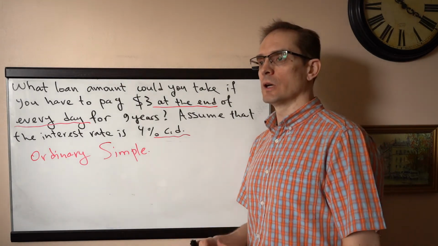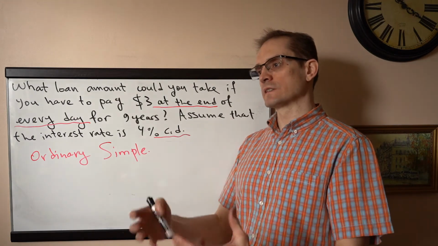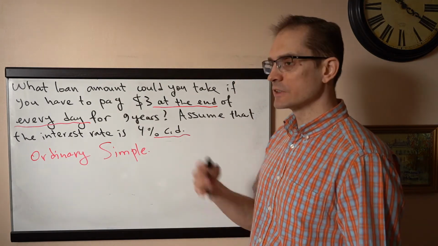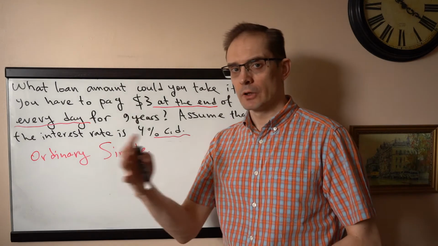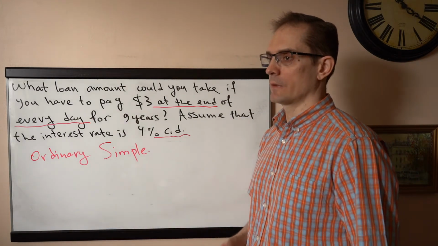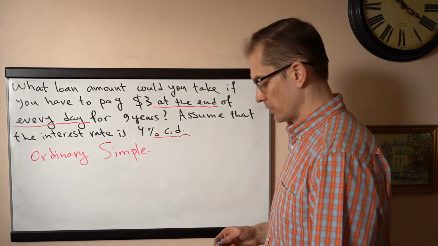So this loan amount is something you take, for example, today. So that's money in your pocket today, but your payments for it, so this $3 at the end of every day, will happen only later. So for loan amounts, we're having to deal with present value of annuity, right?